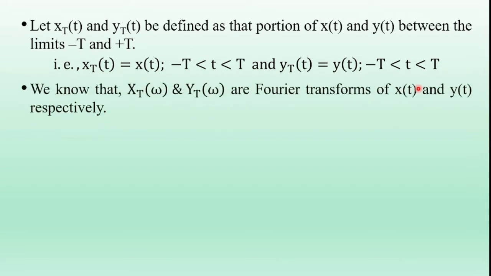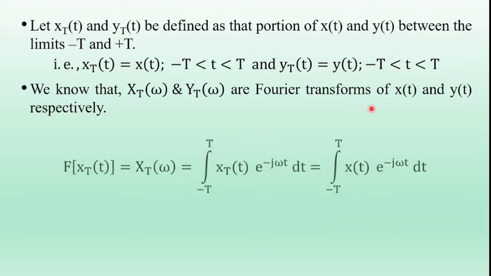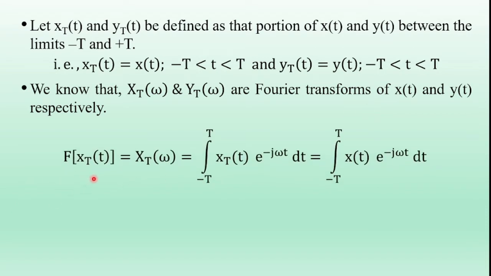We know that, using the definition of the Fourier transform, X_T(omega) and Y_T(omega) are the Fourier transforms of x_T(t) and y_T(t). The Fourier transform of x_T(t) is X_T(omega), which is equal to the integral from minus T to plus T of x_T(t) e^(-j omega t) dt.